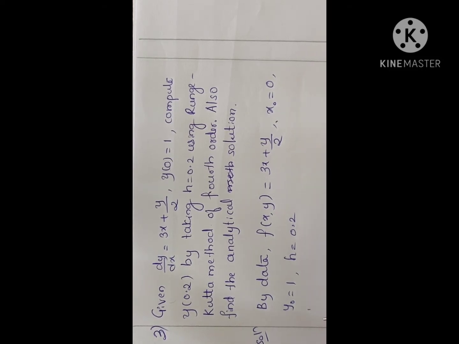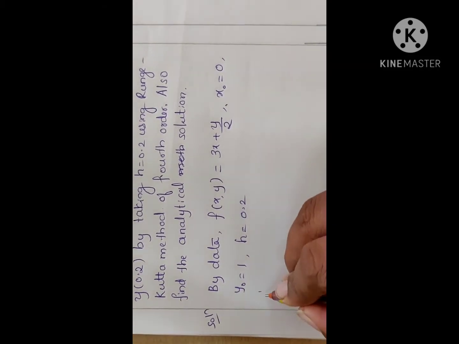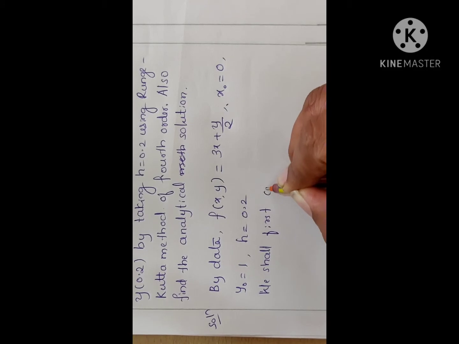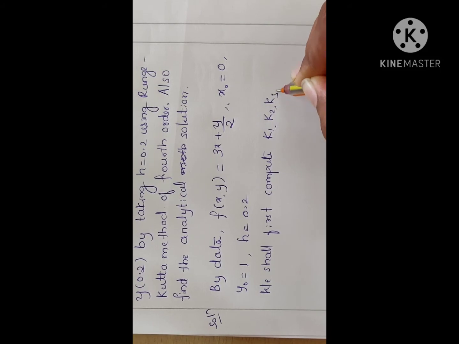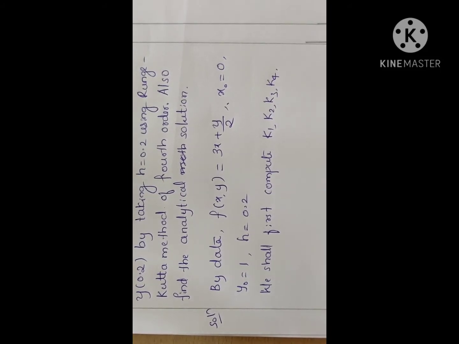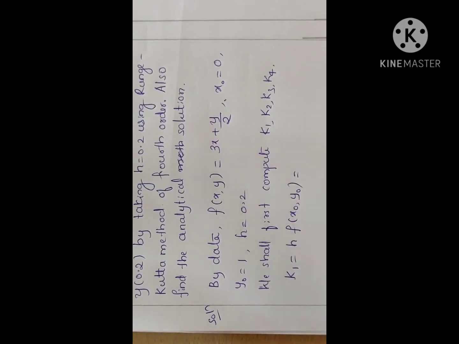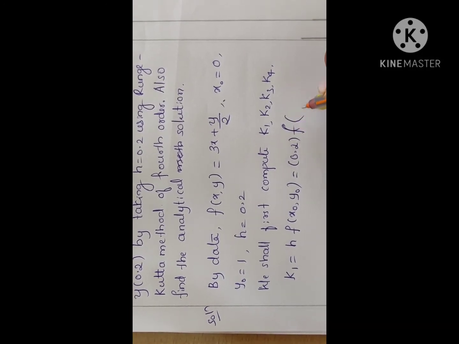Now we shall first compute according to this rule. First we have to compute k1, k2, k3, k4. You know the formulas. Just write on the formula, substitute the respective values. So what is k1? K1 is h into f of x naught, y naught. H is 0.2, f of x naught is 0, y naught is 1.